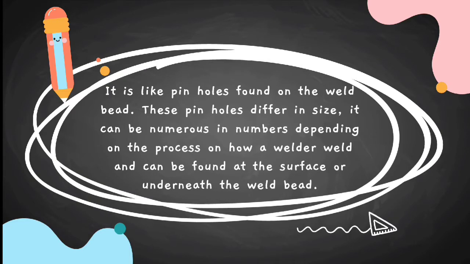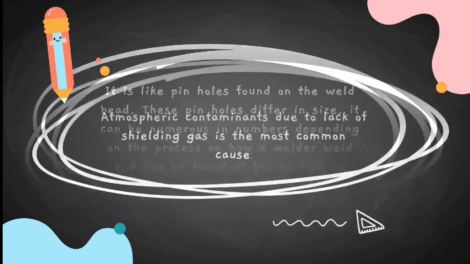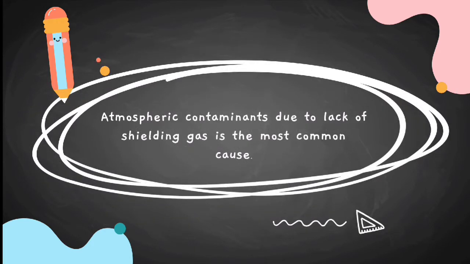These pinholes differ in sizes. It can be numerous in numbers depending on how a welder welds and can be found at the surface or underneath the weld bead. Atmospheric contaminants due to lack of shielding gas is the most common cause of porosity.